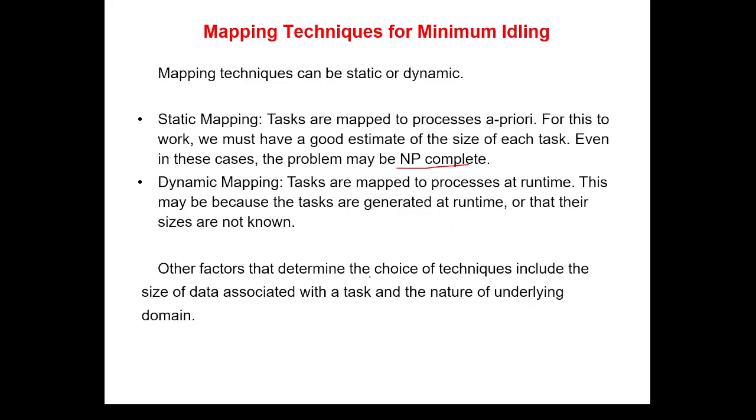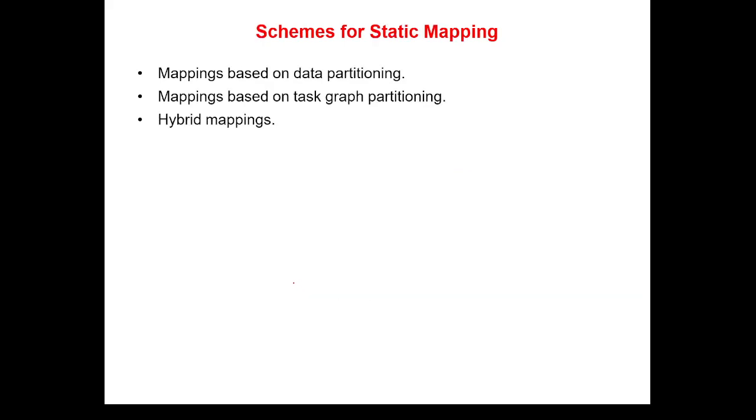So other factors that determine the choice of technique ni including the size of data with the task and also the nature of underlying domain. So dia bergantung lah. Pemilihan mapping teknik ni bergantung juga kepada size data yang kita assign pada setiap task tersebut. Okay, so dalam static mapping ni kita boleh gunakan schemes of static mapping.